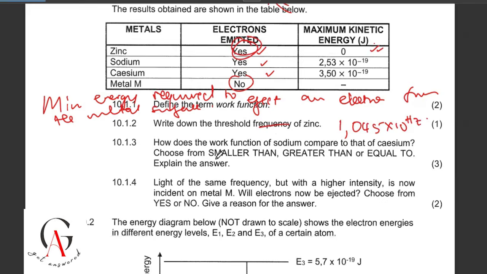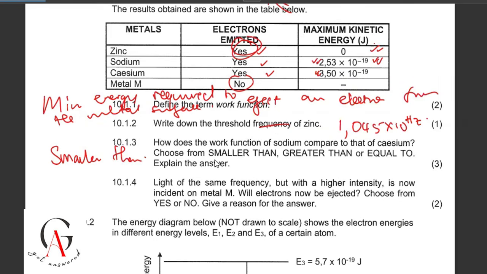And then how does the work function of sodium compare to that of the calcium? Choose smaller, greater, and then we need to explain. So my option here will be smaller than. When you look at it, the sodium has a small maximum energy compared to the calcium. Now, what this means is that, yes, electrons are emitted from the sodium.